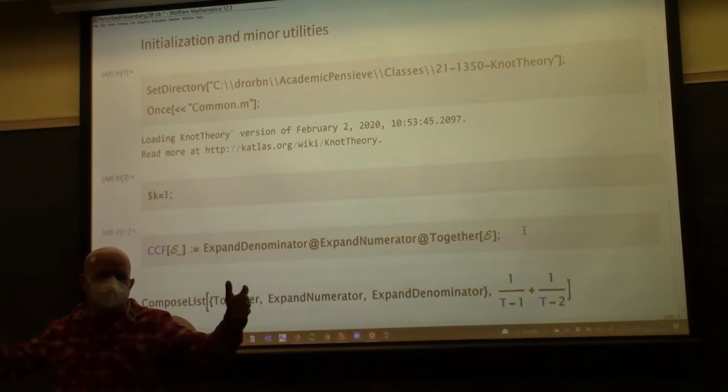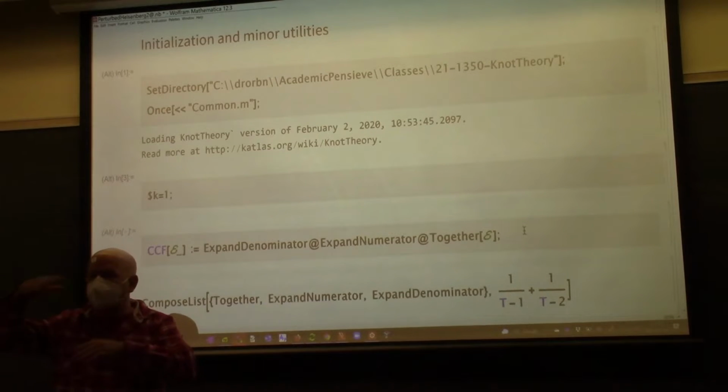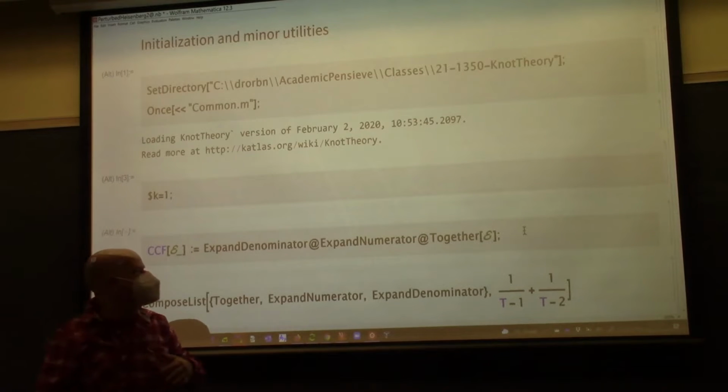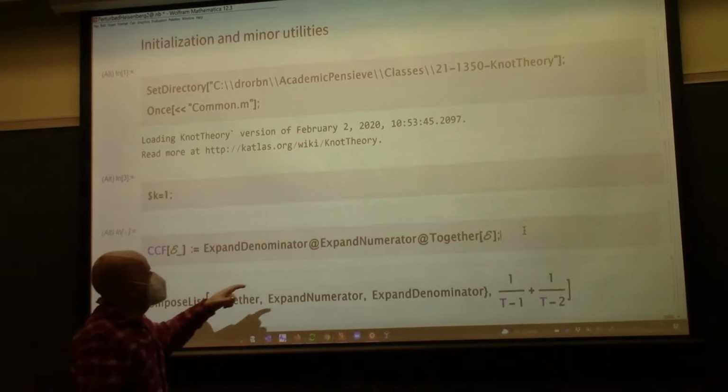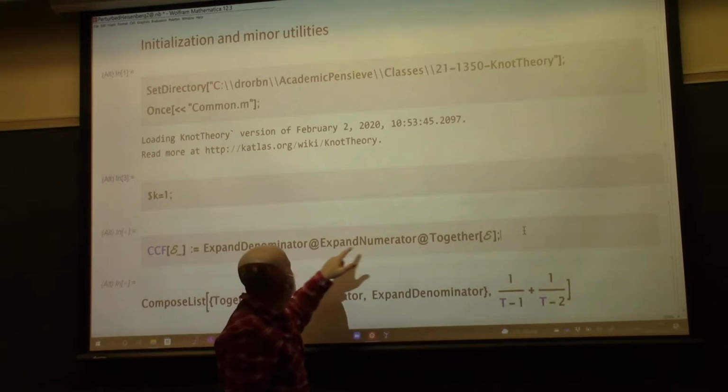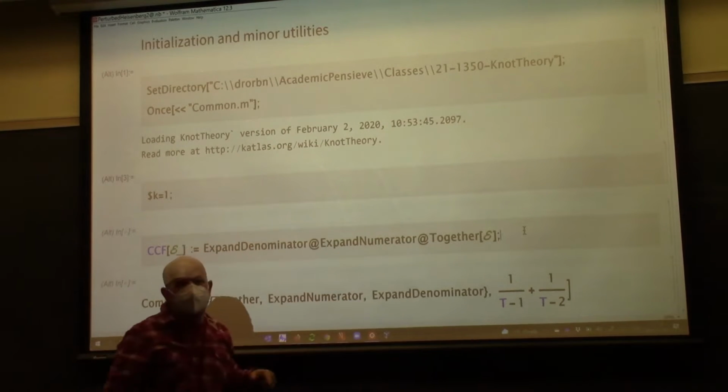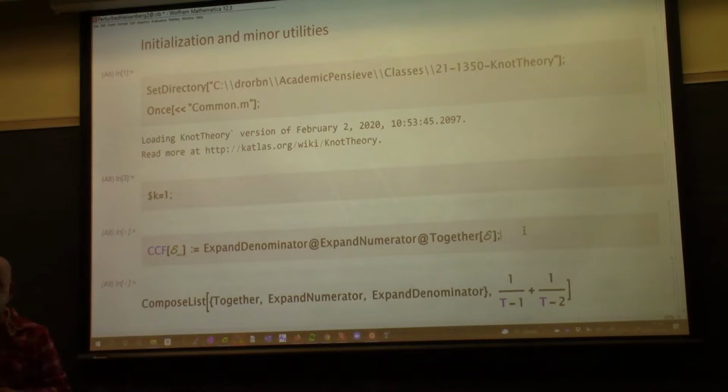So if it has several terms, combine them with a common denominator and common numerator, and then reduce. And finally, expand the numerator and expand the denominator so that they look like polynomials.